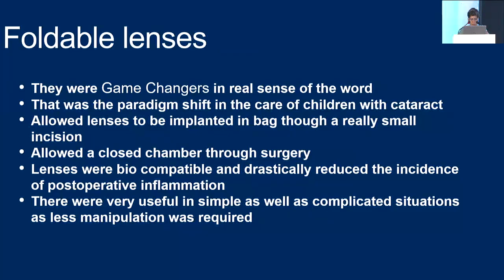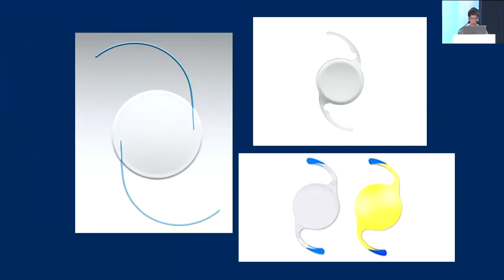As I said, foldables were game changers, and they allow a fairly closed chamber without leak, and also allow us to place the lens really safely into the bag through smaller incisions. They are very useful in simple as well as complicated situations, as less manipulation is required, and inflammation has almost gone down to zero with these lenses.